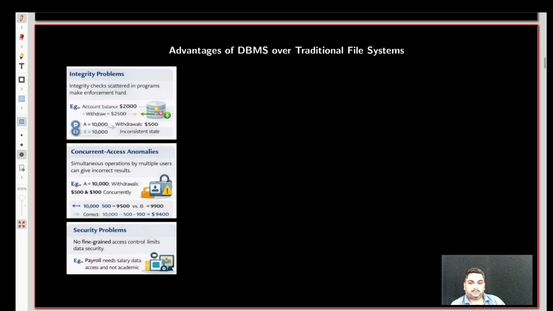Then integrity problems. Suppose you have stored all the account related information of all the persons in your bank in a file. Now say person A has a balance of 10,000 rupees and wants to withdraw 12,000 rupees.